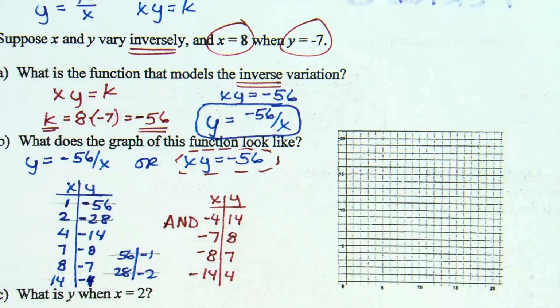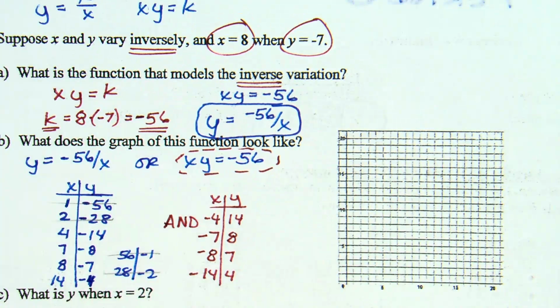So now, with this one, and you can do it this way or not, I'm going to take my current grid and break it in half. I'm just going to redraw my axes because that'll be easier for me.